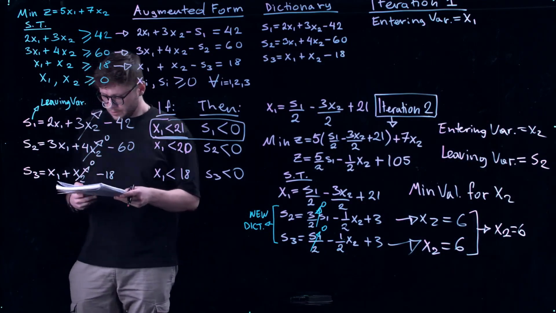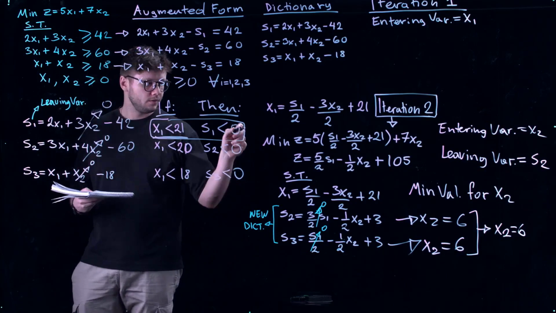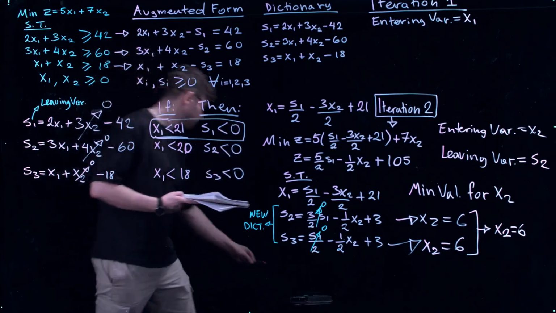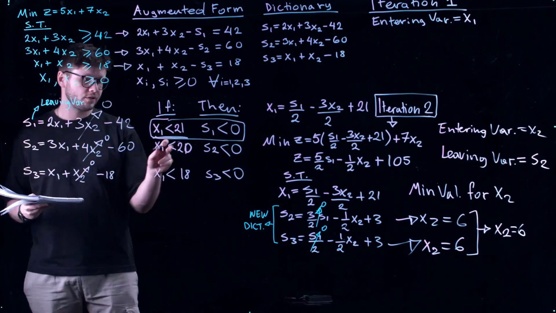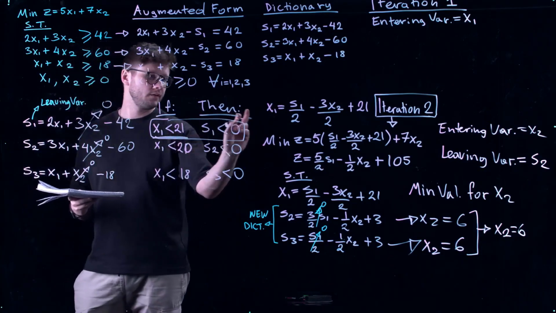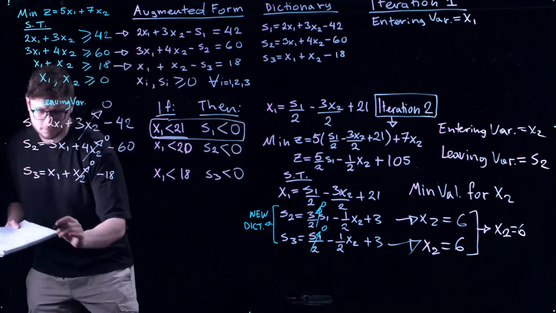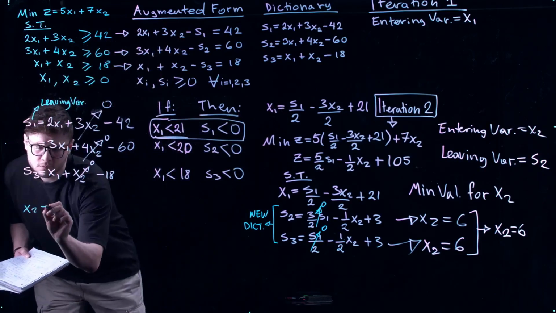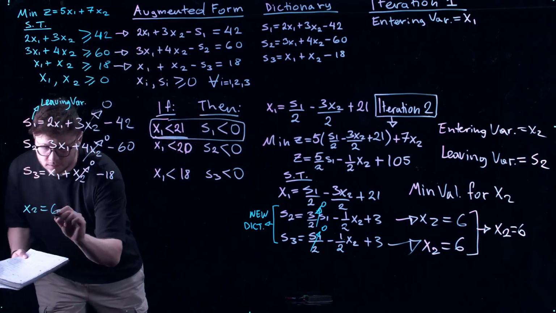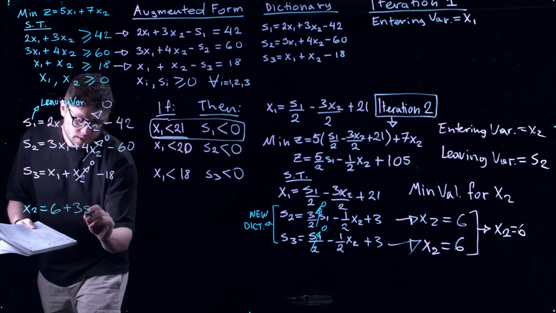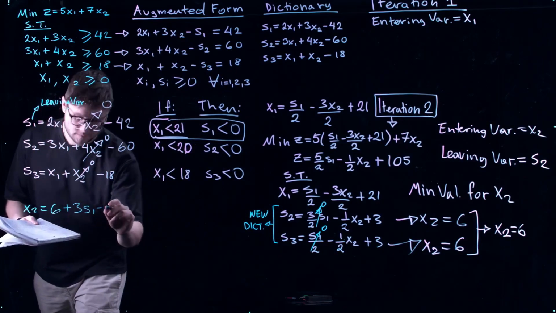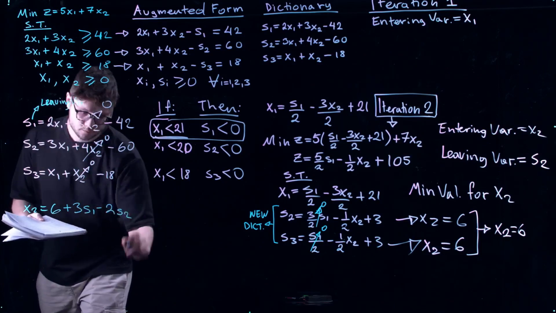So moving forward, we're going to have our expression, I'll use a different color. We're going to have our expression as what we did here, but for x2. So x2 is going to equal 6 plus 3s1 minus 2s2.